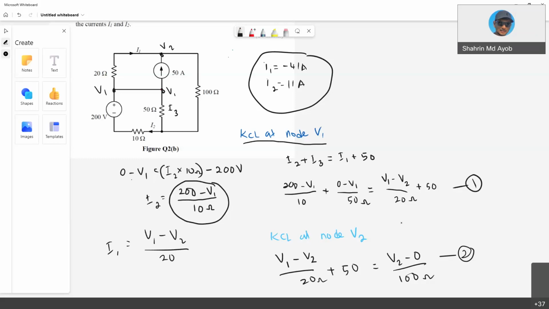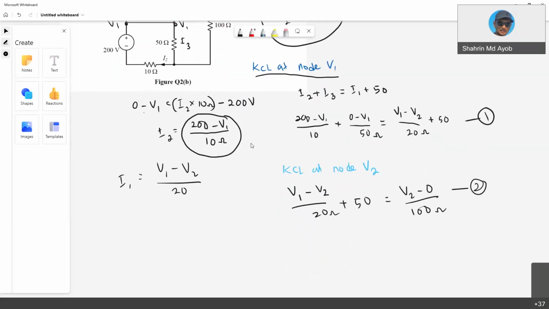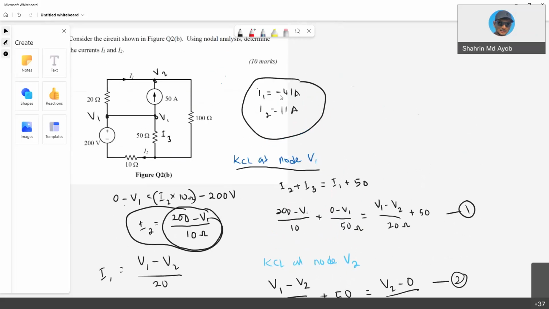So you will obtain your I1. And to get your I2, using this equation, 200 minus V1 over 10 ohm. So you should get the answer of negative 41 for I1 and I2 is positive 11 amperes.